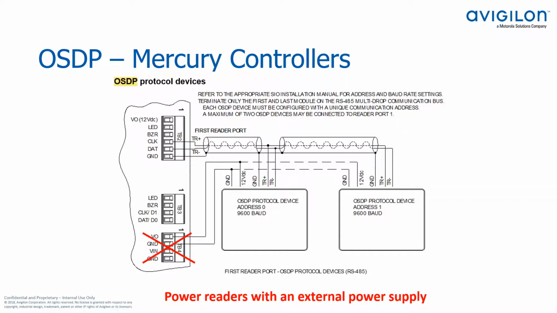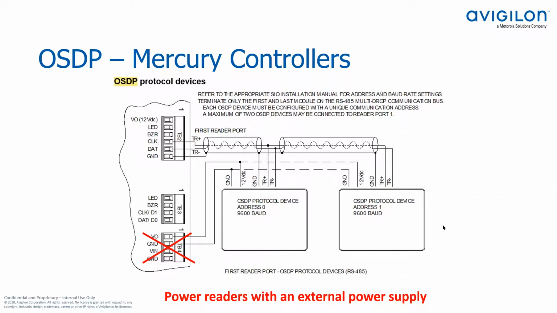The problem is there are two readers being wired here, in this design, looks like a Mercury 1501 controller, or for that matter any of the controllers. This controller or any of those Mercury controllers will not have enough power to power multiple readers.